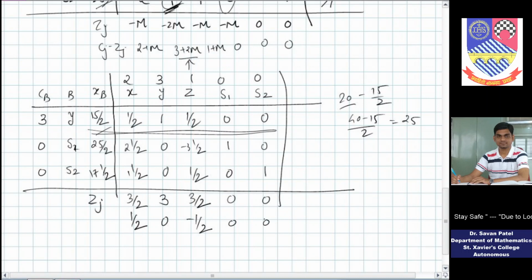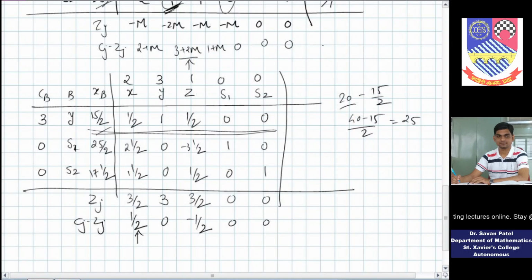So here the maximum value of Cj minus Zj is half. So we have to insert x in the basis, and see which variable will be removed from the basis. For that we have to calculate. So let's calculate that replacement ratio.